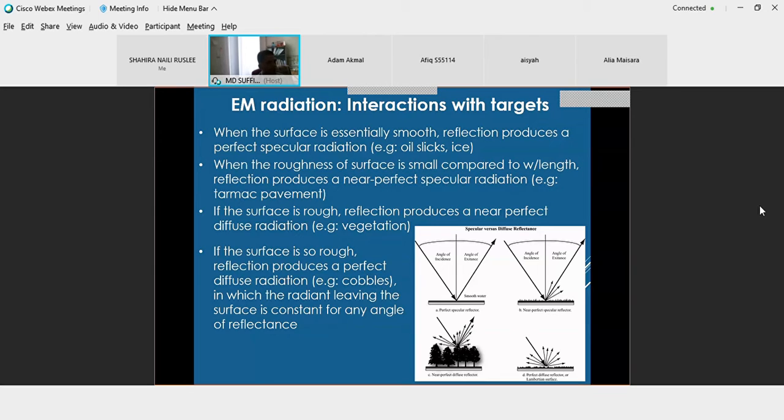For example, tarmac pavement, dekat jalan dan sebagainya. So kalau untuk vegetation, the surface is rough, it will produce a near perfect diffuse radiation. So kalau surface is very rough, so dia akan produce a perfect diffuse radiation.